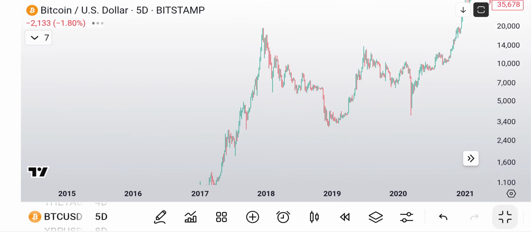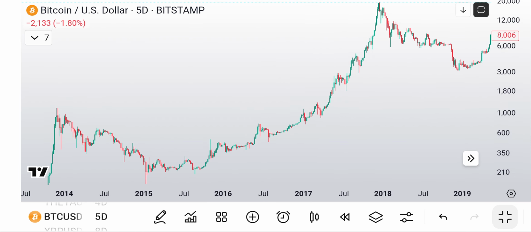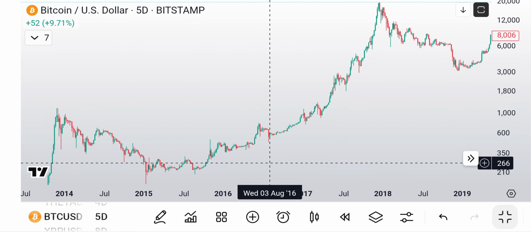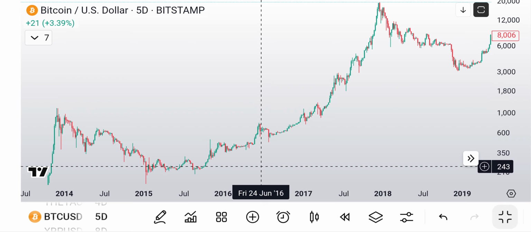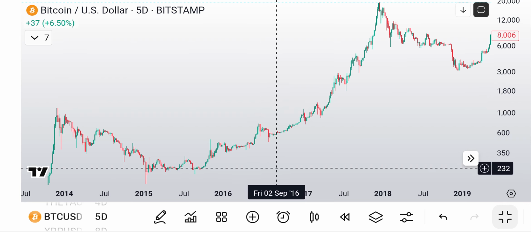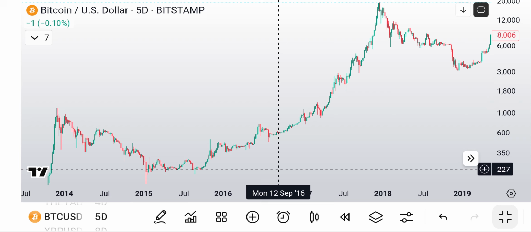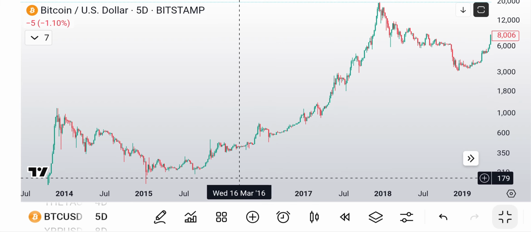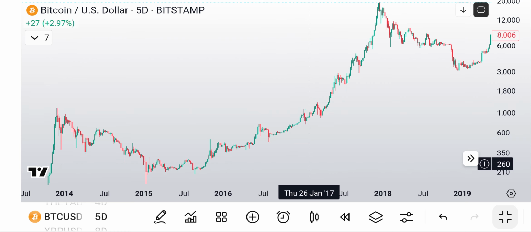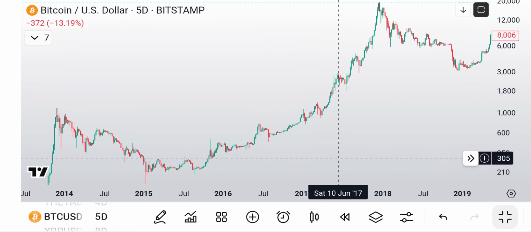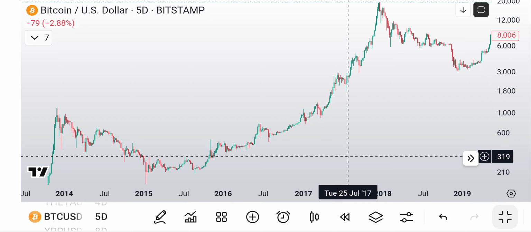But if we look at it in a bull cycle, you could see right here, June and August and September, it was kind of bearish in there. So it's not always going to be the case, right? You could see it. I guess it depends.